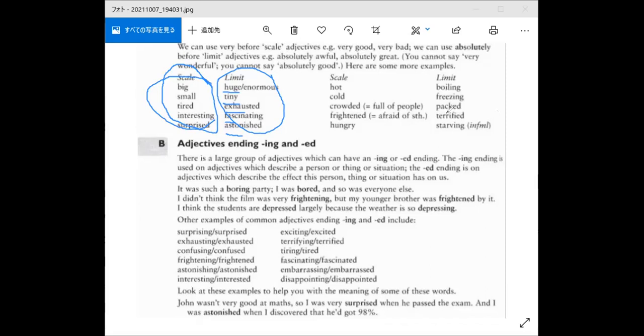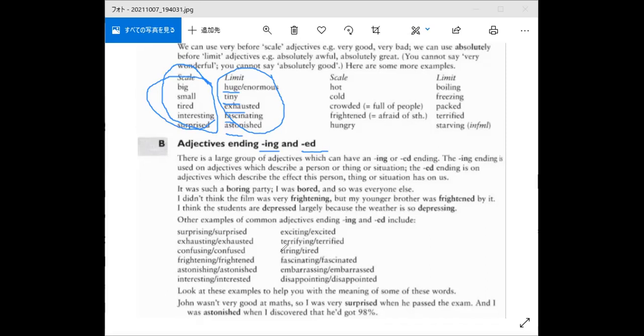And it says here that adjectives can be ending in -ing or -ed. Surprising, surprised, exciting, excited, exhausting, exhausted. Okay. Bored, frightening, pressing, interesting, disappointing. Semuanya kayak kata sifat sih, right? Embarrassing itu kan malu ya. Disappointing itu mengecewakan.